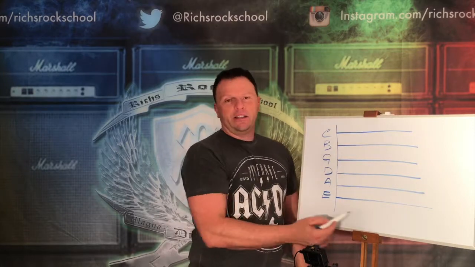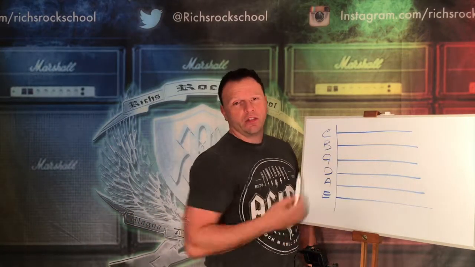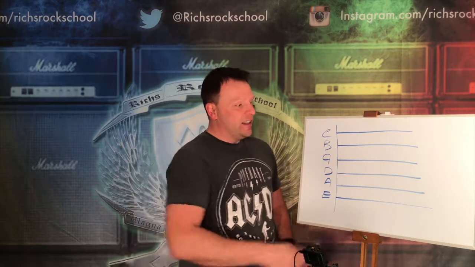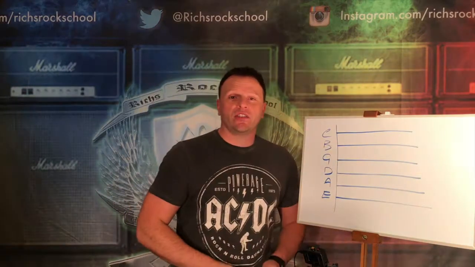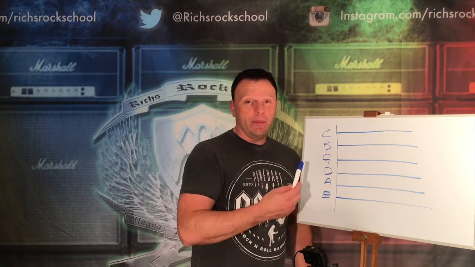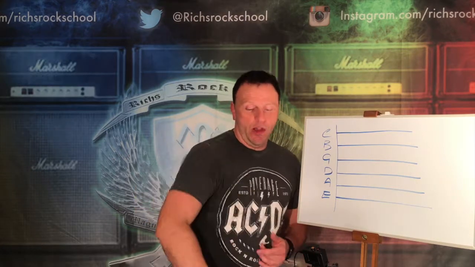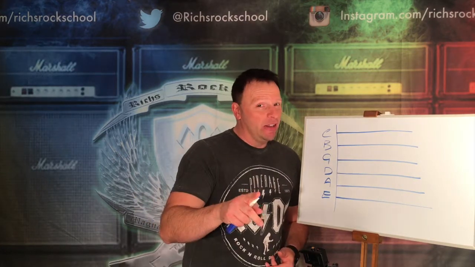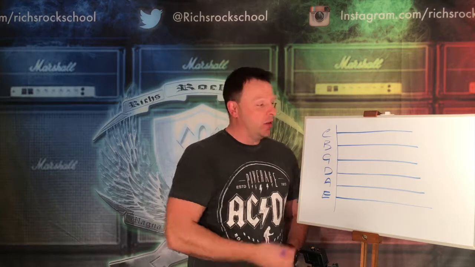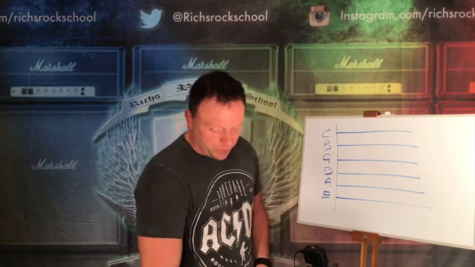Now, what these lines mean is that's the string that they're talking about, okay? So you've got 6 lines here, you've got 6 strings on the guitar. So the top one on tab is going to be the lowest one, but not the lowest note. It's going to be on the bottom, okay? So high E, low E. Just keep remembering that, all right?